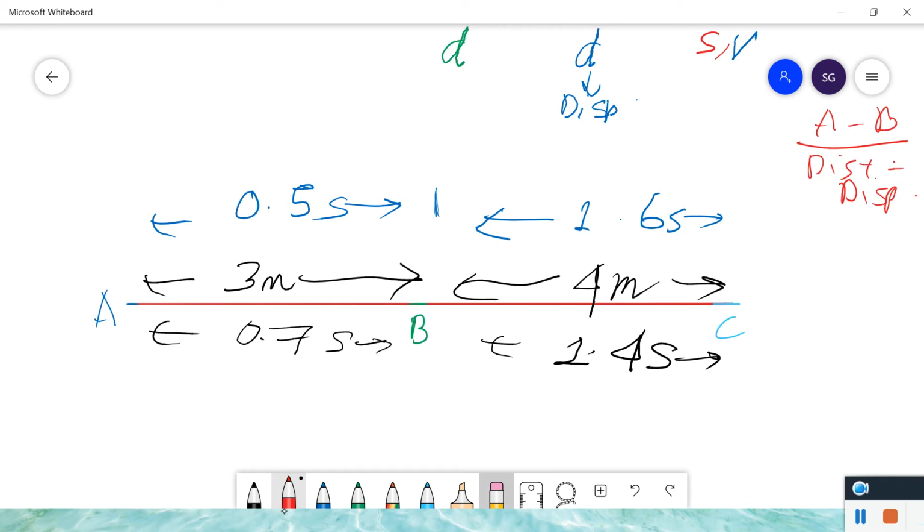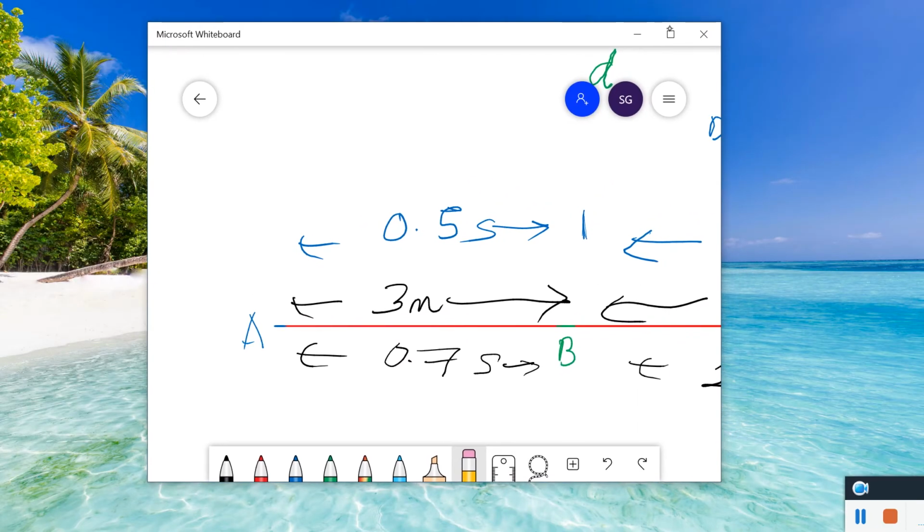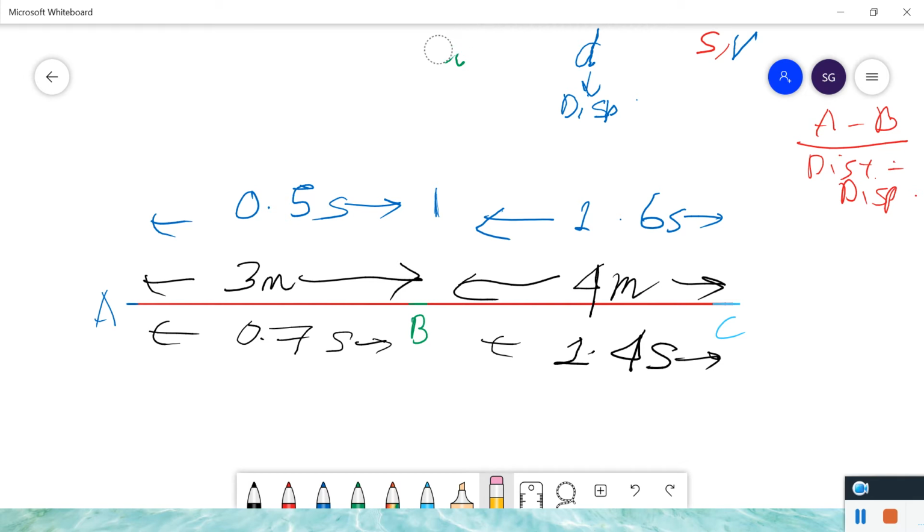Just a bit off, so there's no clear. And distance I will represent by D. Remember these notations: the red one is for distance and speed, and the blue one is for displacement and velocity. I have a shortage of space here, so I will delete this.